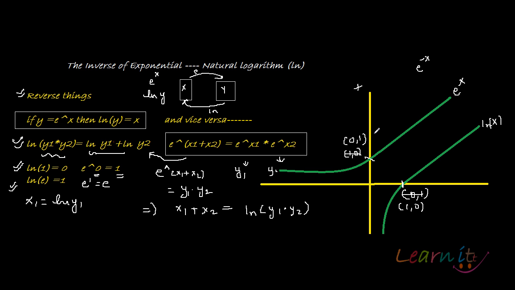So, hence, the domain of ln, the natural logarithm, will always be positive. So, natural logarithm is only defined for positive x's. Its y values can be negative, but it is only defined for positive x's. Whereas in e^x, the y values can never be negative.